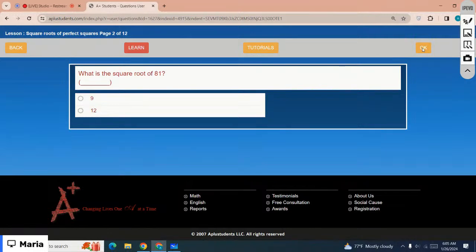The correct option is 9. 9 times 9 is 81. So the square root of 81 is 9. The correct option is 9. Very good.